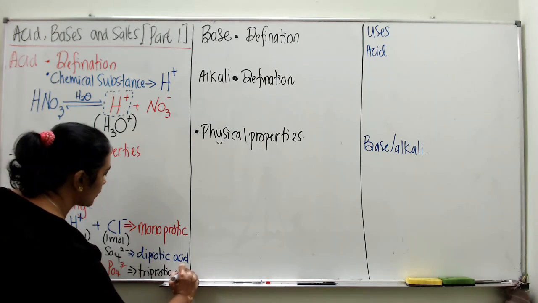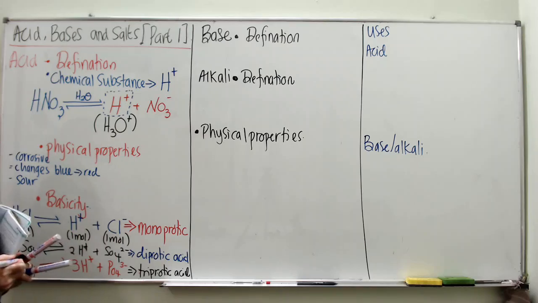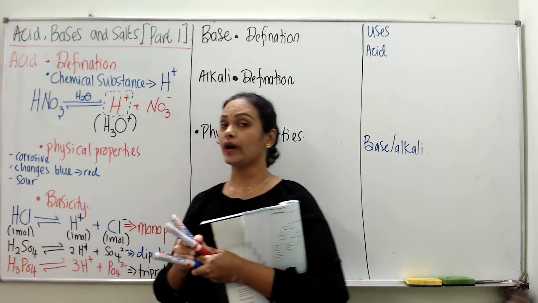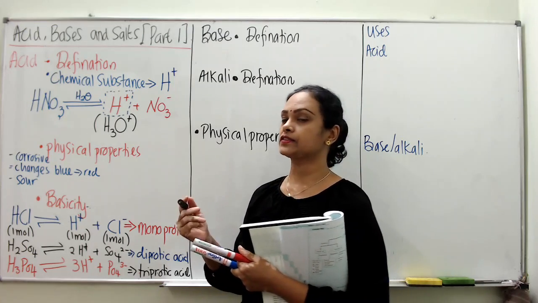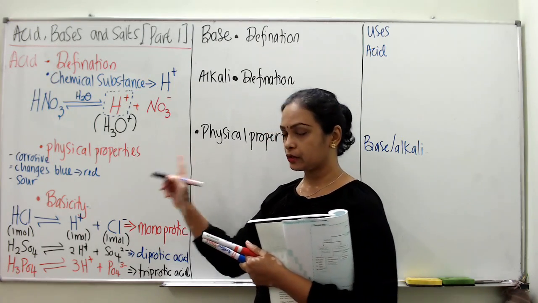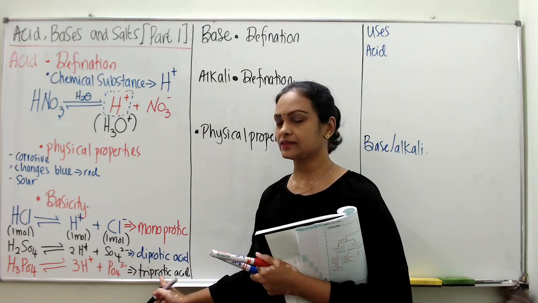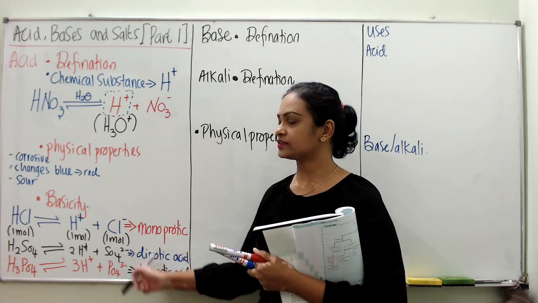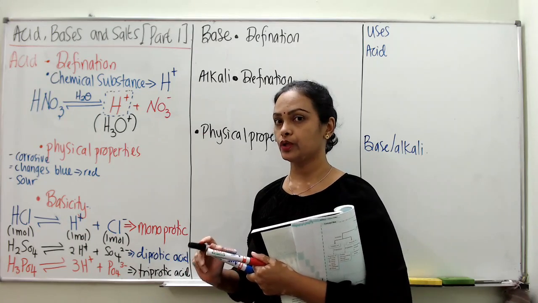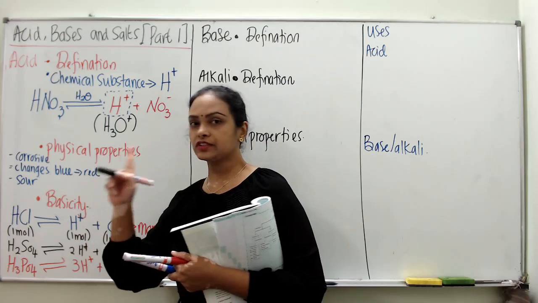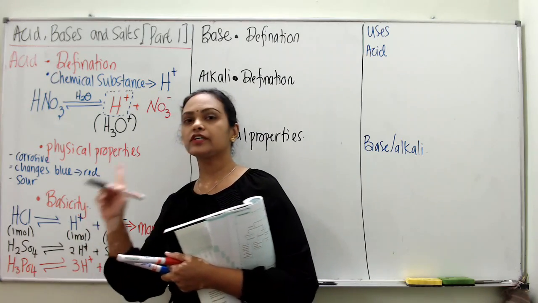Now, when we are learning about the strength of acid, which acid is the strongest, you can easily say that triprotic acid is the strongest amongst all these 3 examples that teacher gave you. Imagine hydrochloric acid 1 mole, sulfuric acid 1 mole, phosphoric acid 1 mole.